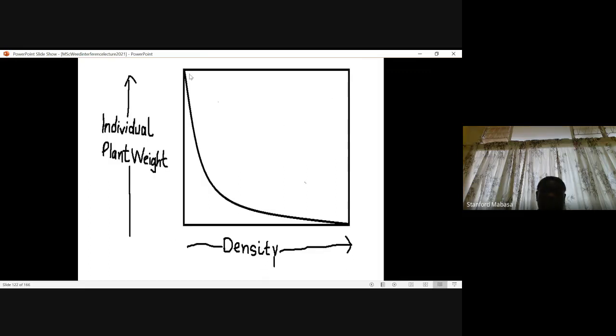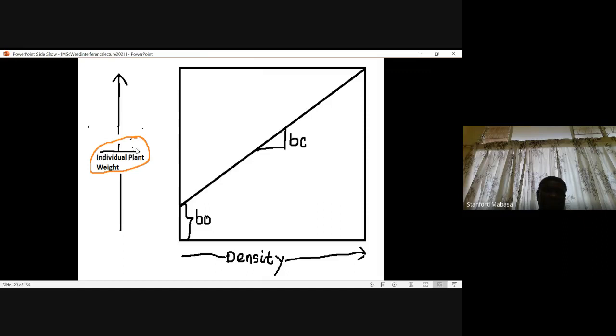Now we can convert this rectangular hyperbola into a straight line by plotting the inverse of the individual plant weight, which I was representing by W. So we can get this straight line.